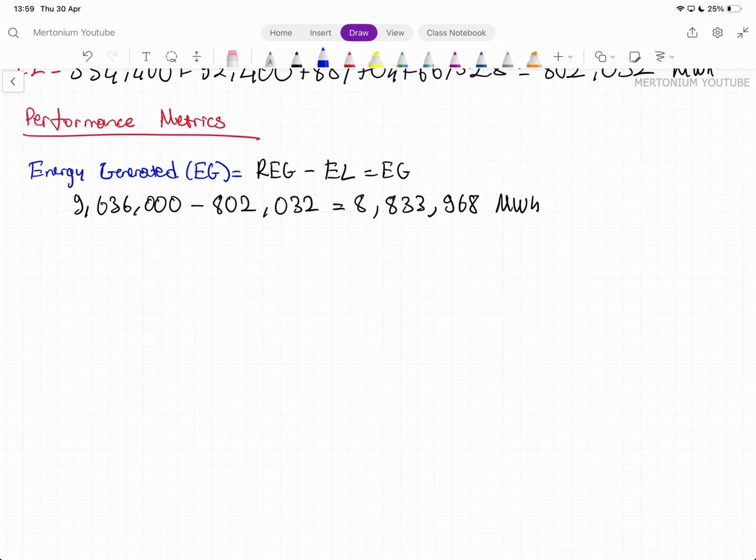So the second one is load factor, LF. And this tells us what plant actually provided in percentages. So you calculate it as the energy generated divided by the reference energy generation. So we can quickly calculate it here, plugging the numbers, or not to forget, times 100 to get the percentage.